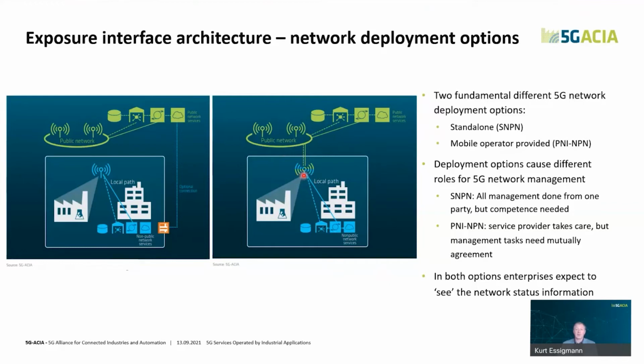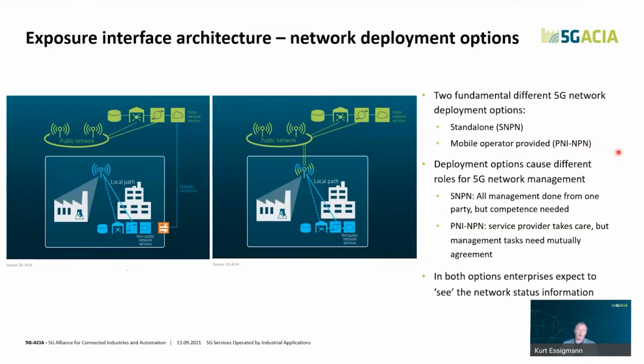So you can access both specific enterprise services, but you can also access services that are deployed, operated and provisioned by the public operator. The abbreviation for this right-hand side picture is PNI-NPN. So it's the public network integrated non-public network.